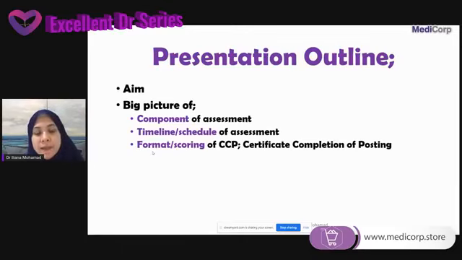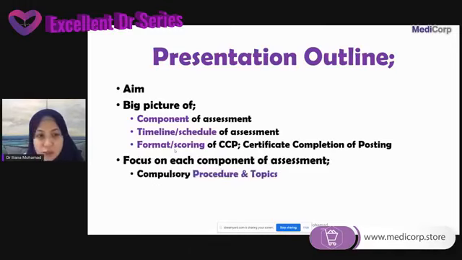And 6 CCPs will make up your CCHT, or certificate of completion of housemanship training. We'll see every component of your assessment and its weightage in forming the 100% of your CCP.